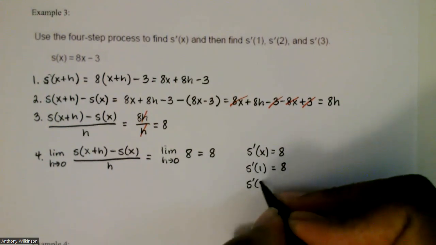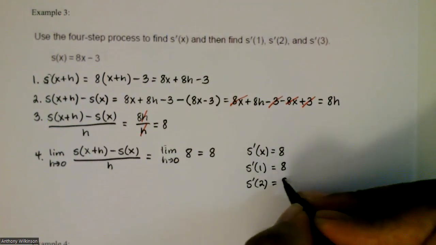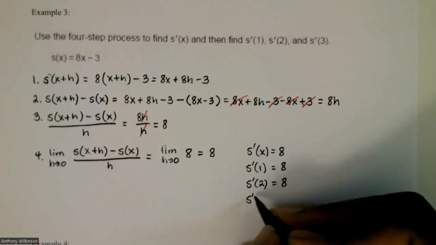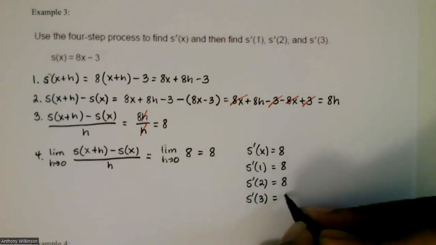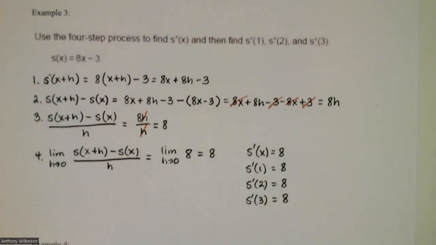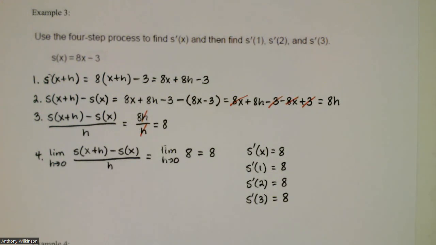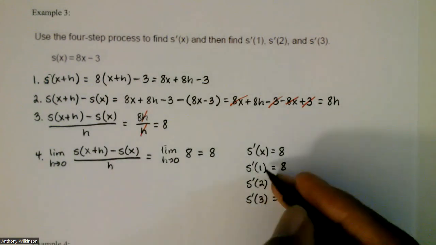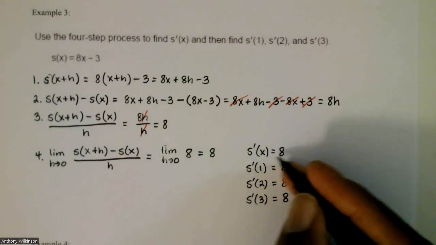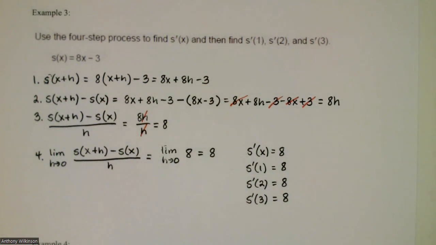And then s prime of 2, again, going to be 8. And s prime of 3, it's just going to be 8. Okay. So actually here, that derivative came out to be a straight line. So whatever x value you have here, s prime of that will always be 8 in this case.